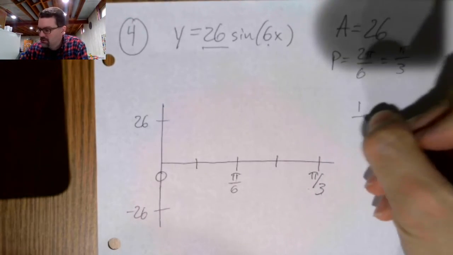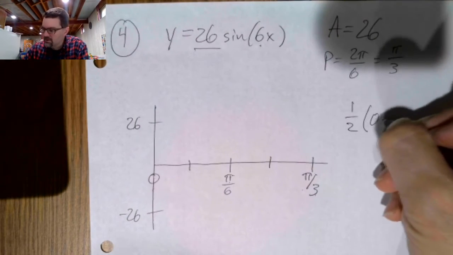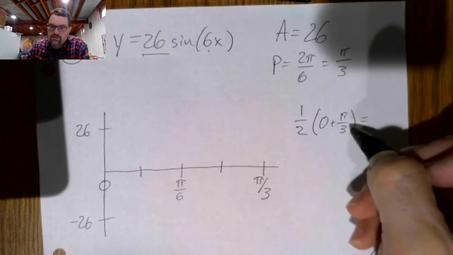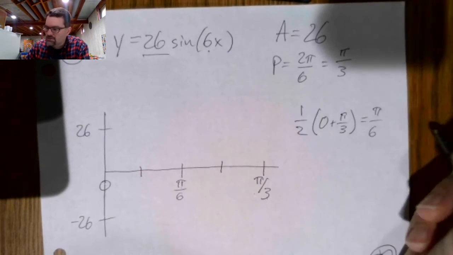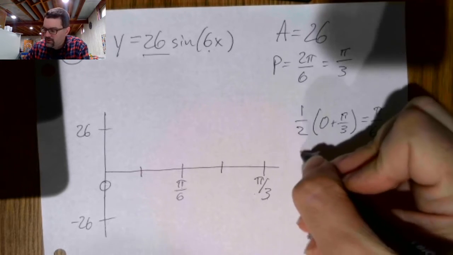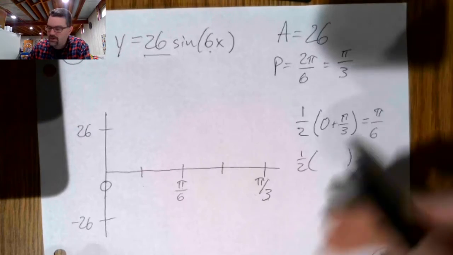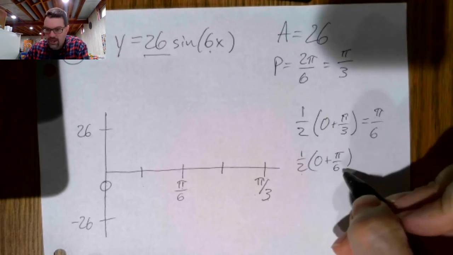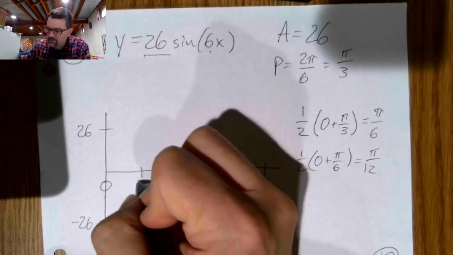Now that would also come from, well, we're halfway in between 0 and pi over 3. So yeah, you're just multiplying pi over 3 by a half, and that's where pi over 6 comes from. And for that matter, this guy, halfway between 0 and pi over 6, is just going to be 1/2 of pi over 6, so pi over 12.